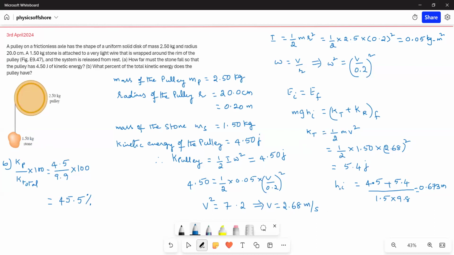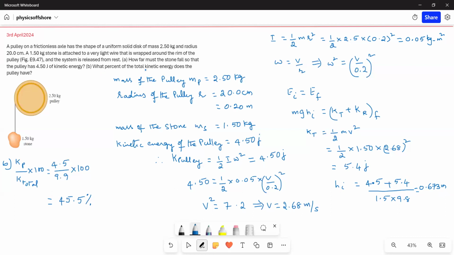Therefore, h is equal to total energy divided by mg. Therefore, 4.5 plus 5.4 divided by 1.5 into 9.8 gives how much distance the stone will fall. So here it falls 0.673 meters. The stone falls 0.673 meters.